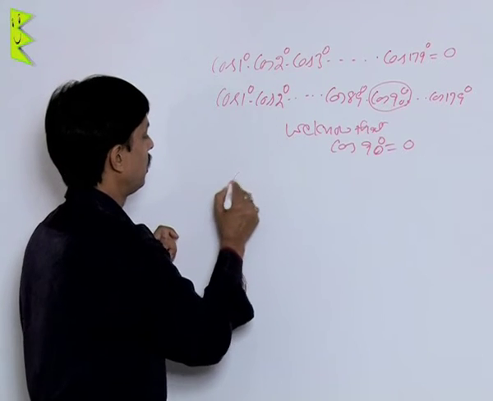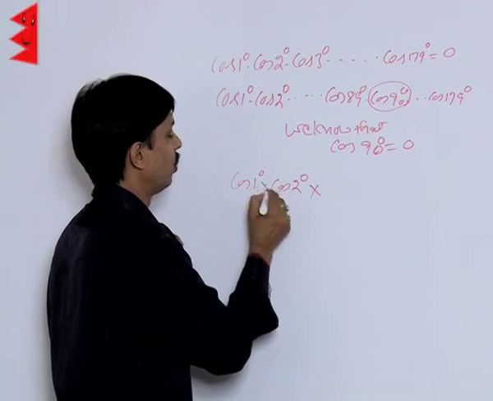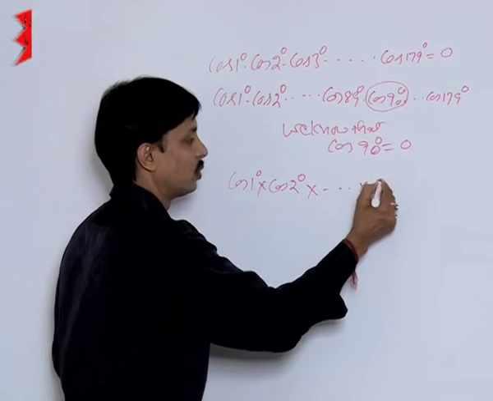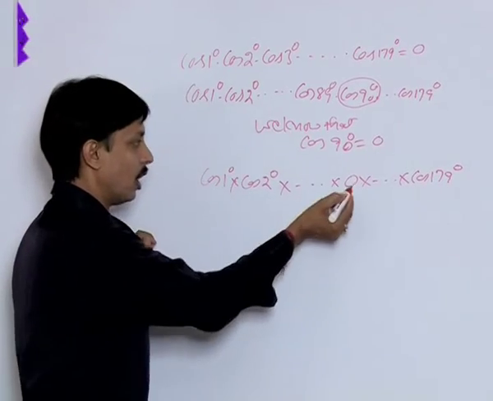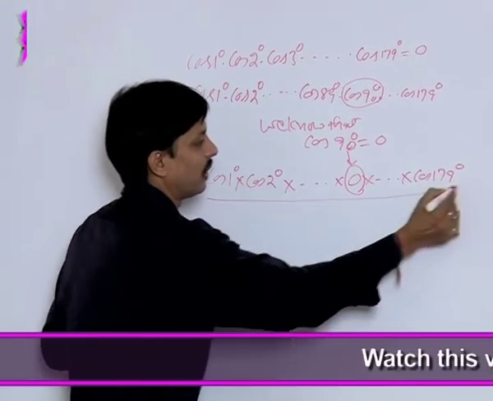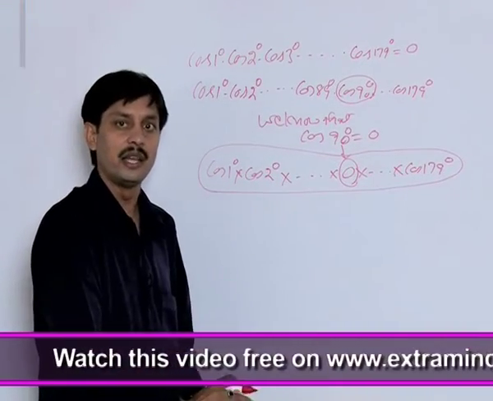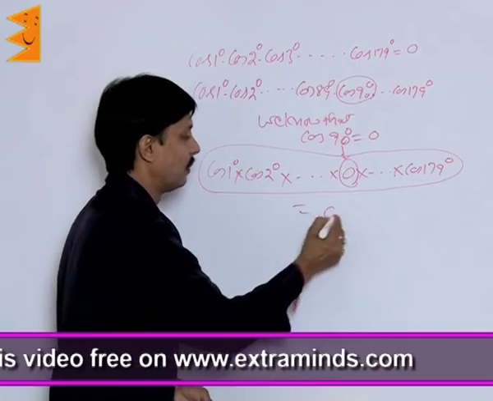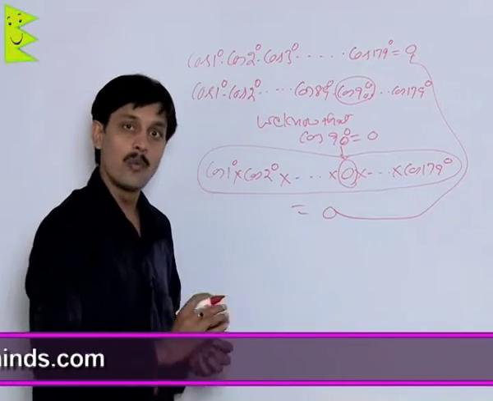So cos 1 degree, cos 2 degree into dot dot dot into 0 into dot dot dot into cos 179 degree. When this 0 comes in the product of all cos from 1 to 179 degree, this product will become 0, which we needed to show.